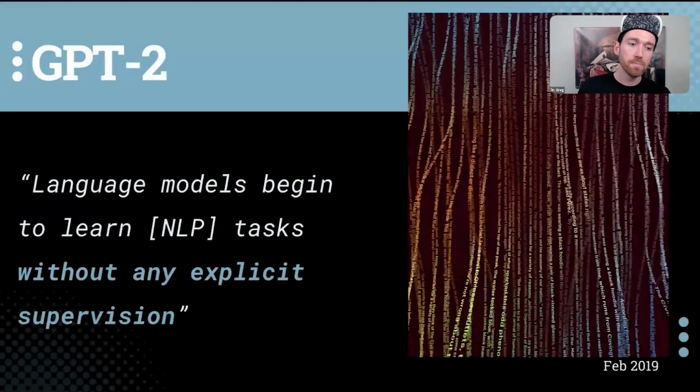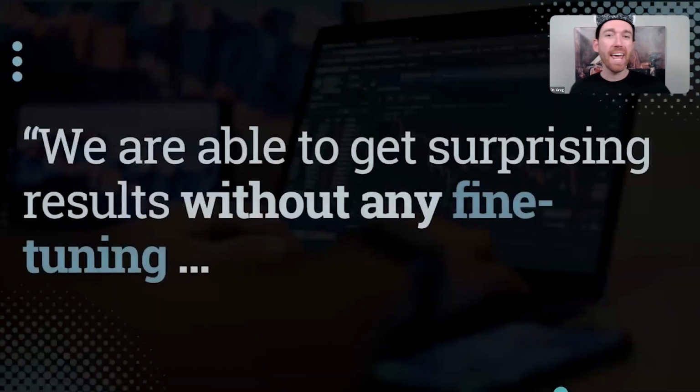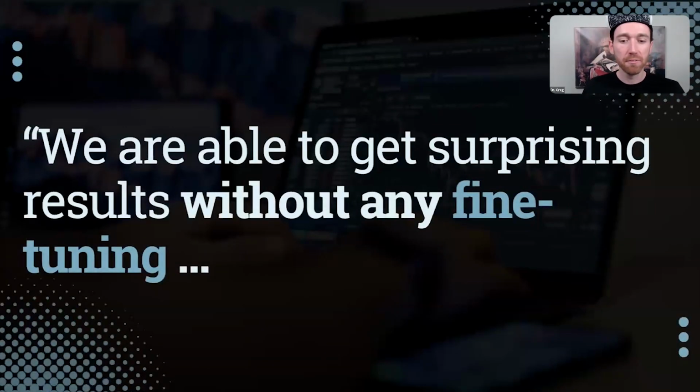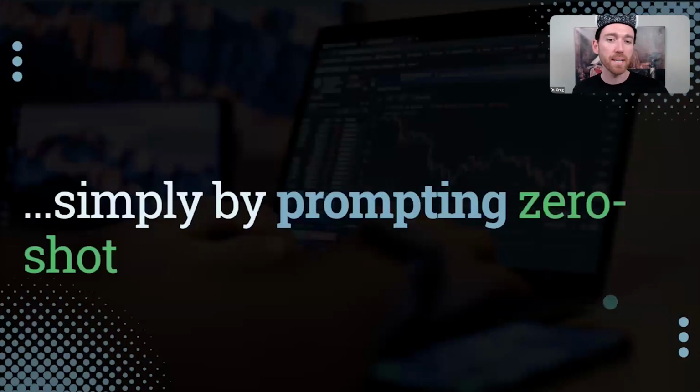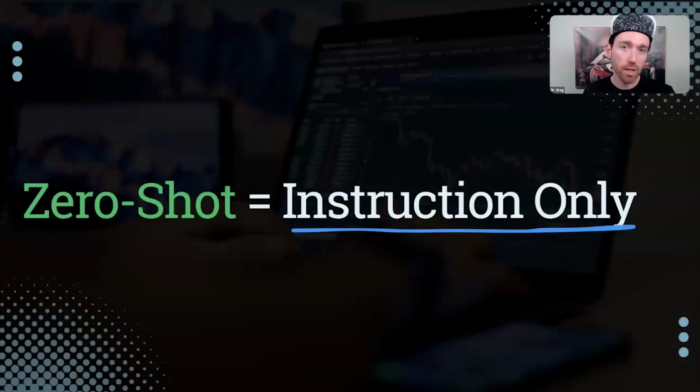Recall GPT-2. We said language models begin to learn tasks without any explicit supervision. That is, without any supervised fine-tuning. That is, simply by prompting. We might call this type of prompting zero-shot prompting, where zero-shot means we're only using an instruction.